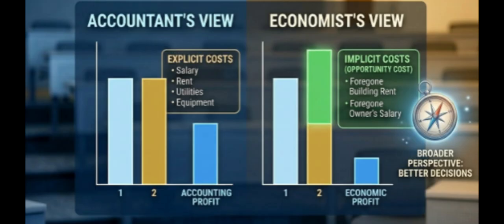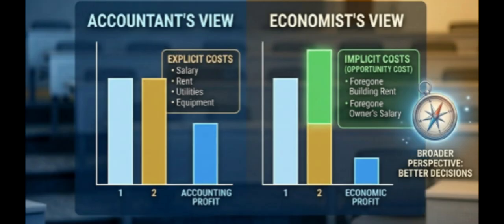However, from an economic perspective, we must stack both explicit and implicit costs. The resulting total economic cost, you can see in the right panel of the exhibit, includes the same explicit costs plus a large green section titled implicit cost.